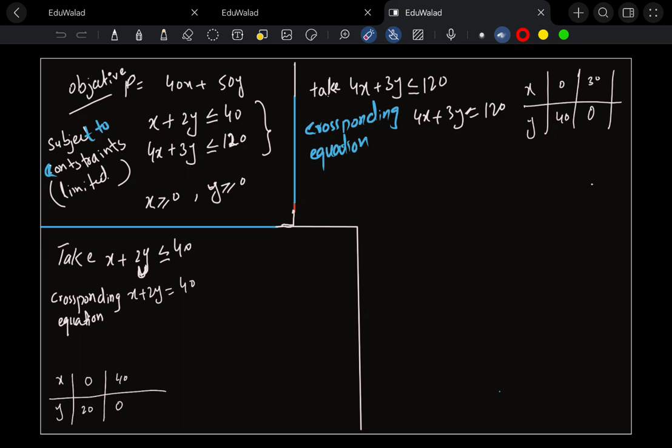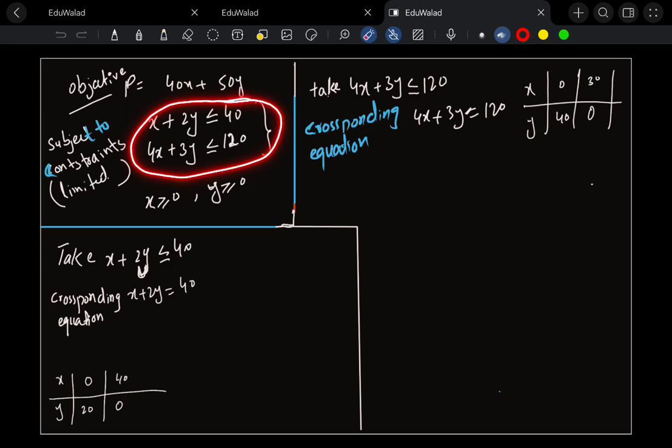Our objective is 40x plus 50y, subject to the given constraints: x plus 2y is less than or equal to 40, and 4x plus 3y is less than or equal to 120.